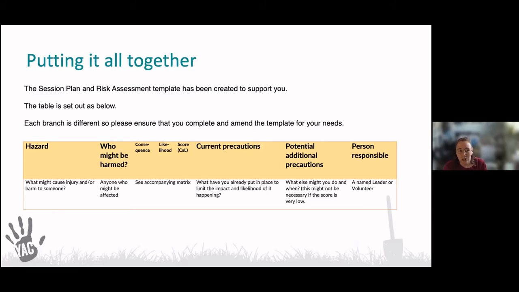And potential additional precautions are things that you might do to lower the risk. And then that named person, leader or volunteer, in your cases, I'm assuming that's all leaders, is the person responsible. And I would avoid, where possible, putting someone's parent or carer down if they're staying for the session, because you never know if they're going to be called away.